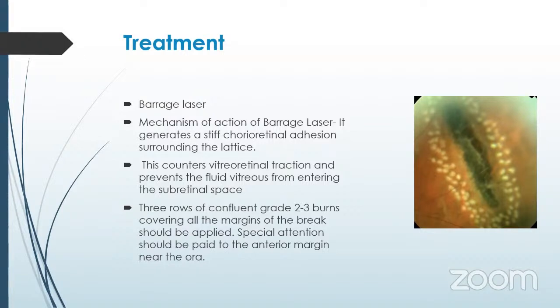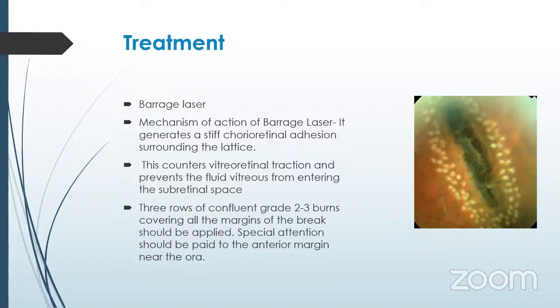After we do the laser, this strong attachment is going to get released, and the laser usually prevents the entering of fluid into the subretinal space, and strong chorioretinal adhesions will form after the laser.